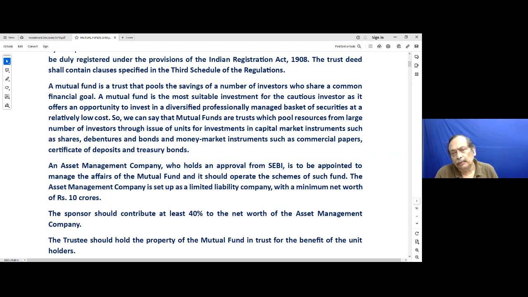So we can say that mutual funds are trusts which pool resources from a large number of investors through issue of units for investments in capital market instruments such as shares, debentures, and bonds, and money market instruments such as commercial papers, certificates of deposit, and treasury bonds.